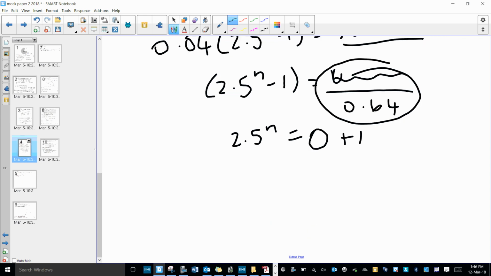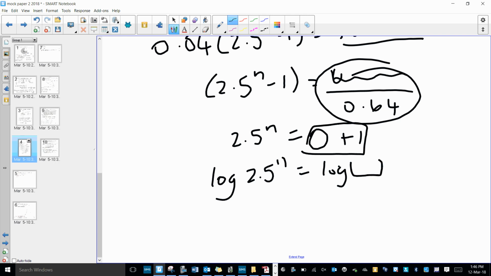It doesn't matter, log or ln. n is log of that stuff divided by log of 2.5. So that's going to give you an actual value of n.